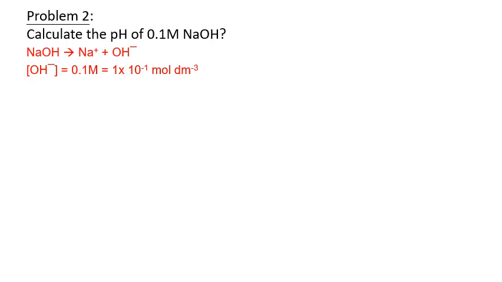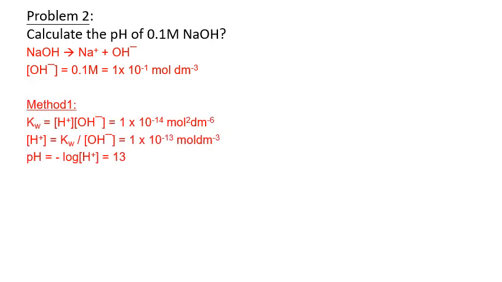So that means that it must be 10 to negative 1 moles per decimeter cubed. There's two ways you can do this. First one uses Kw, the other one just uses pH. Kw we now know is the concentration of protons times the concentration of hydroxides, which we know is 1 times 10 to the negative 14. Therefore, we can rearrange the equation to get the concentration of protons, which will be 1 times 10 to the negative 13. Therefore, the pH will be 13.